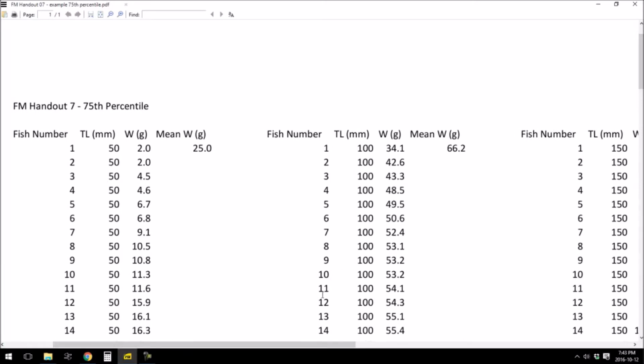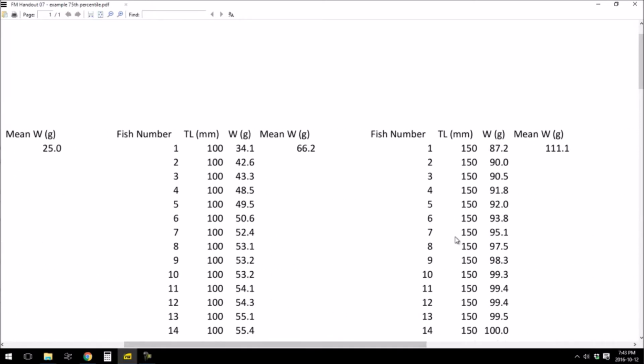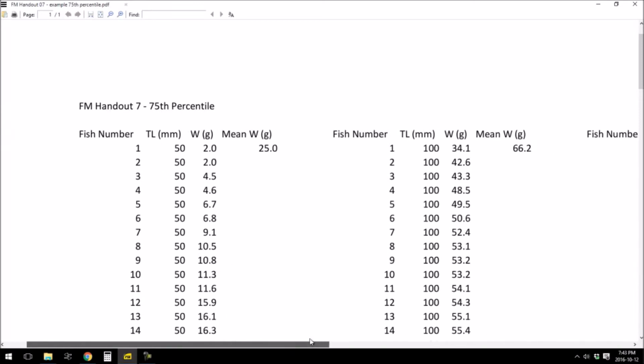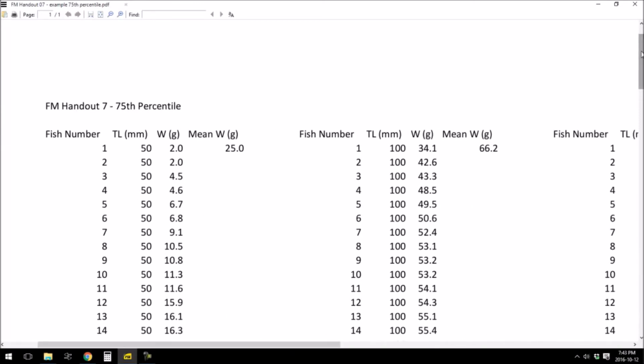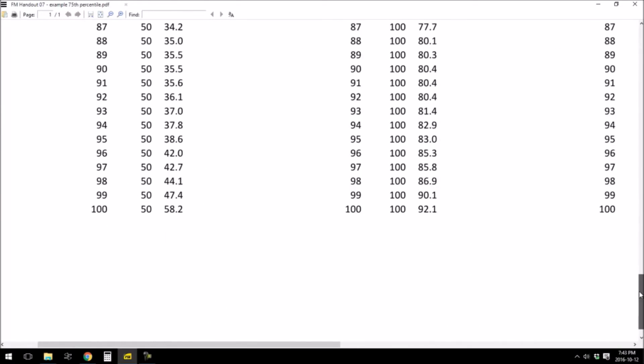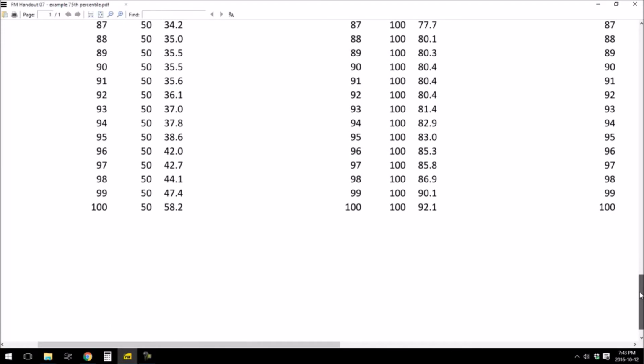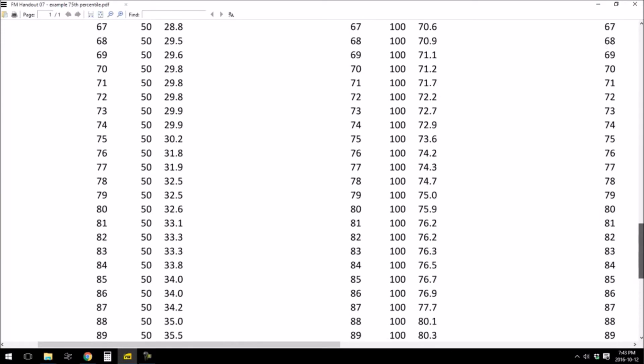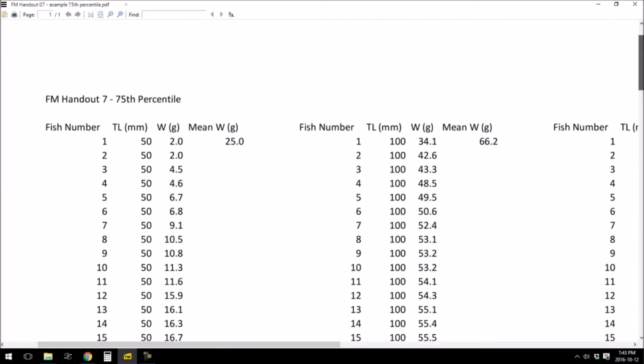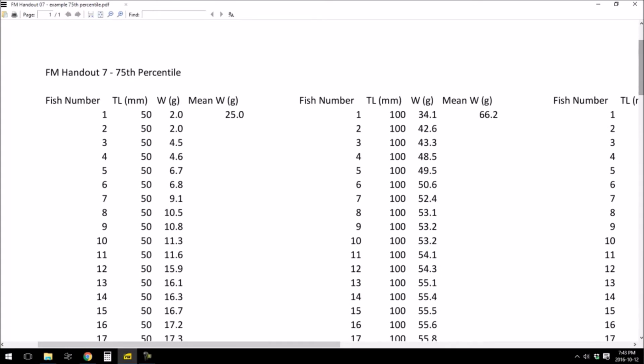In the second one, they're 100 millimeters, and in the third, they're 150 millimeters long. Each column has 100 fish in it, and they're all the same length but vary in weight. It's like we took a sample of 100 fish at each length from all over the country, from a wide range.